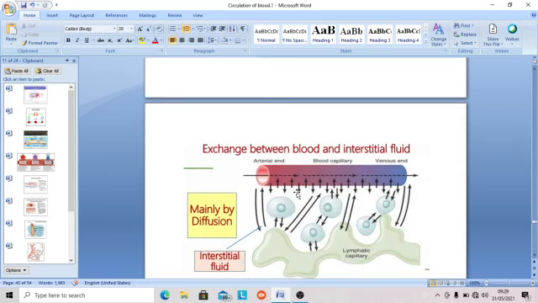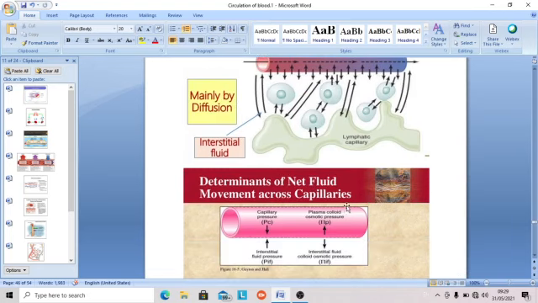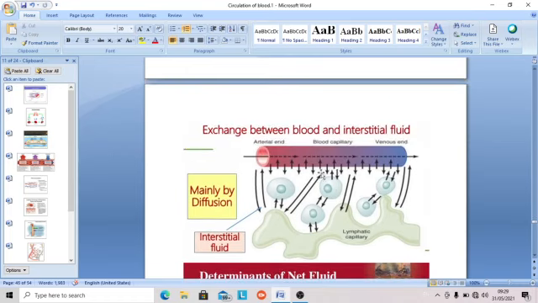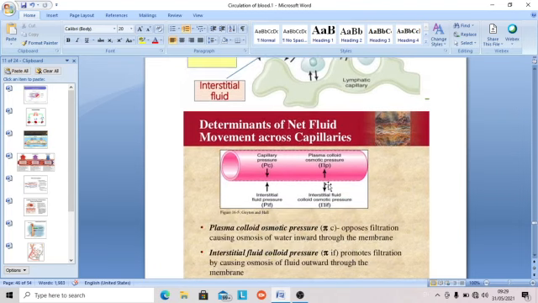Exchange is mainly by diffusion and through the intercellular cleft. If there is a tissue where lipid solubility is not there, or the molecules are large, they'll pass between the two cells.